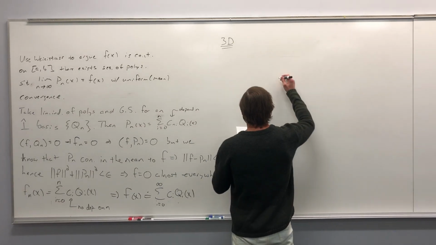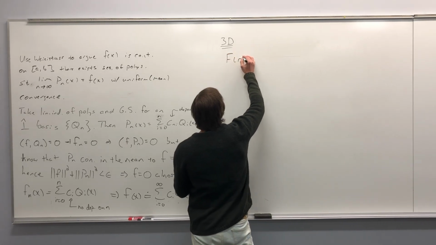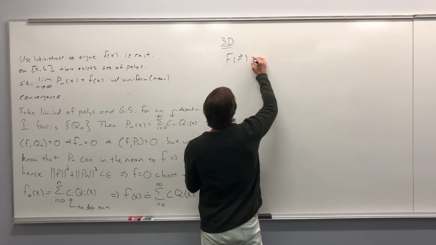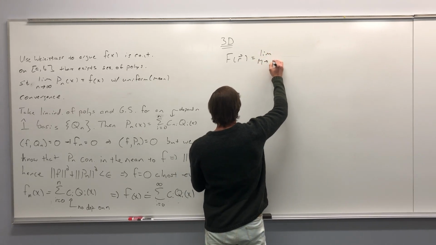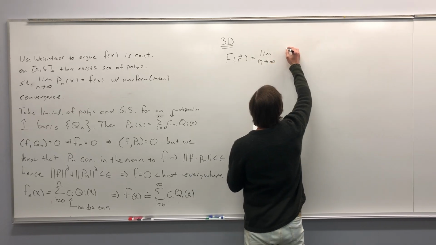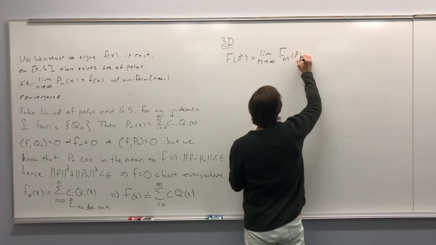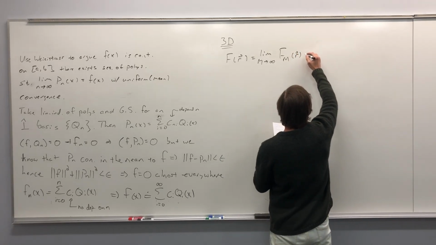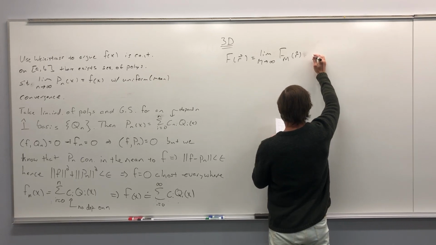So here we go. First of all, for Weierstrass, we know in 3D that we have the limit as capital M goes to infinity of F capital M. I'm going to do my best to make my capital M's look different than my little m's.